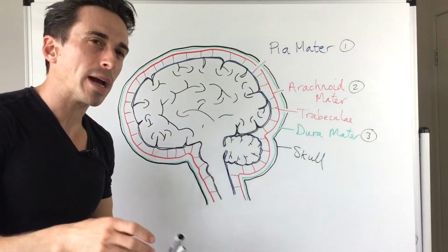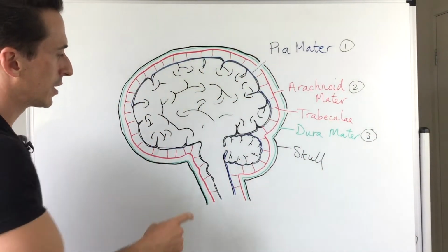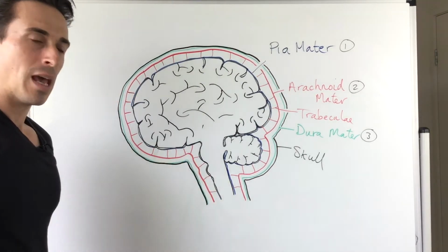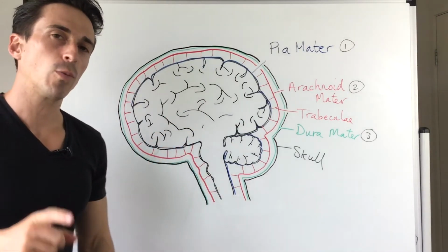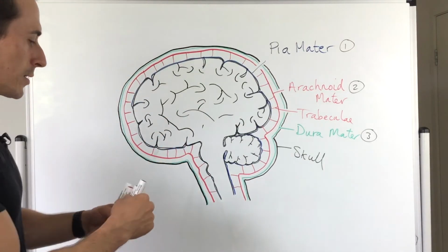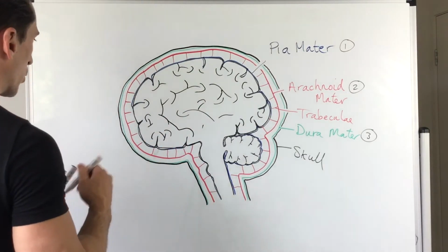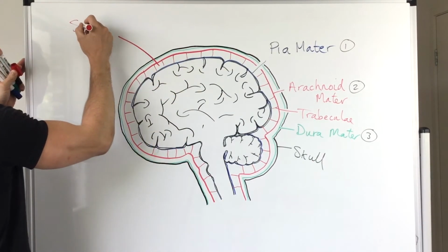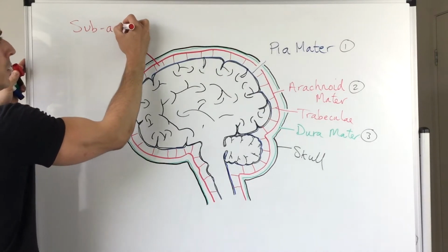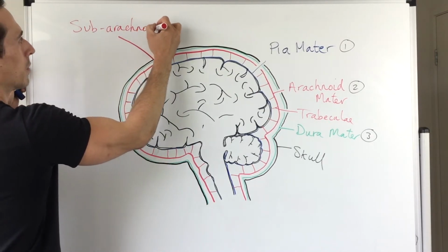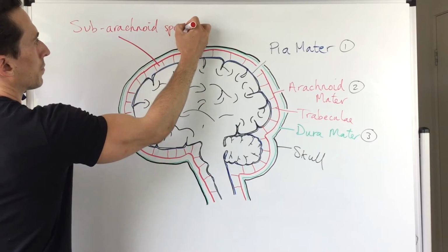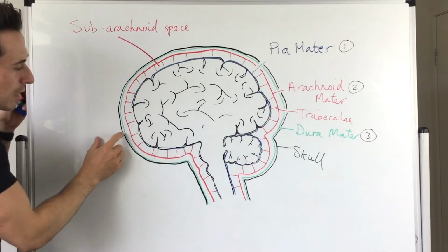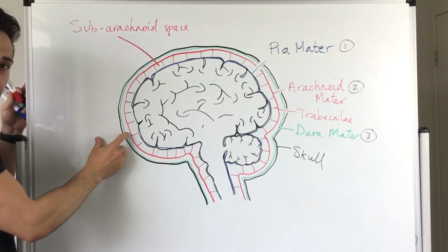Now let's talk about the spaces. There is a space you can see between the arachnoid mater and the pia mater, and because it's underneath the arachnoid mater, we call it the subarachnoid space. So let's write that down. Let's put all the spaces over here. This is the subarachnoid space. So there's one space. The next space is the space underneath the dura mater but above the arachnoid space.